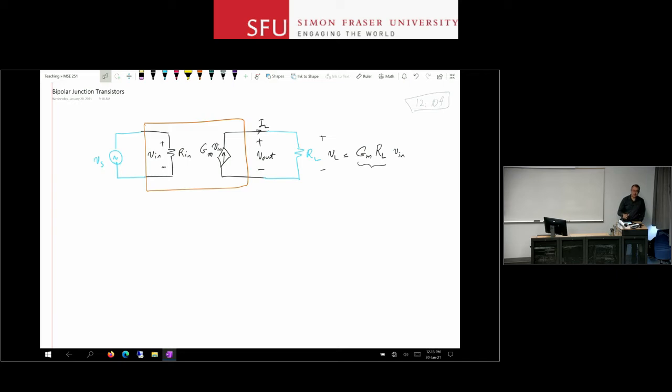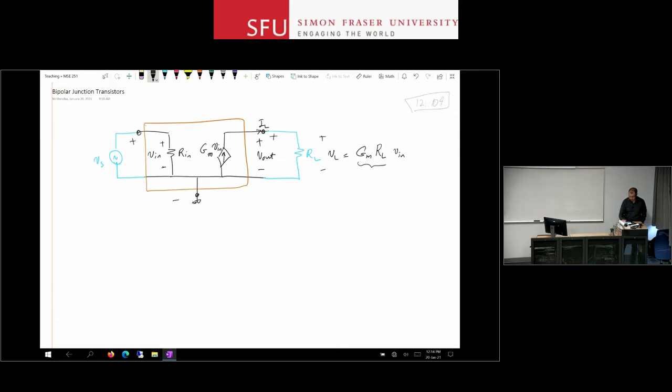As you can see here, I have 4 terminals, but I can maybe share the ground between the input and output here. And therefore, I only need 3 terminals, one here and one here. So I'm looking for a device that has 3 terminals, and the voltage-current relationship between 2 of those terminals is controlled by the relationship between another 2.